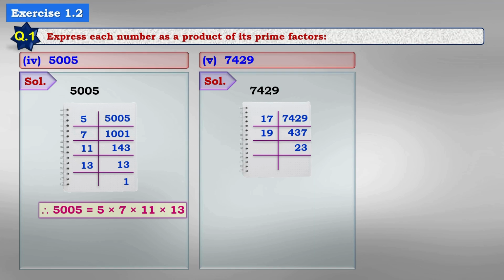Then we should not check with 17, because in the 17 table, if you multiply with any number, that will not give you 7 at the unit place. So the next number you can check after 13 is 19. In this way you have to do the trial method. So now for 7429 we got 17 into 19 into 23.